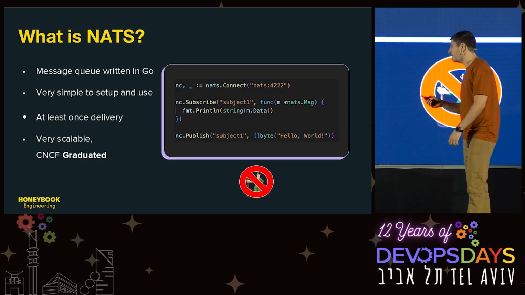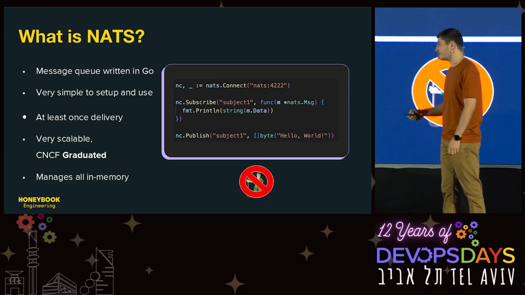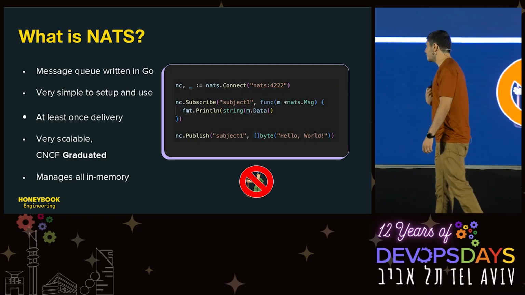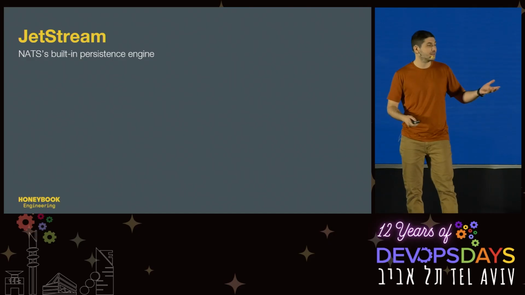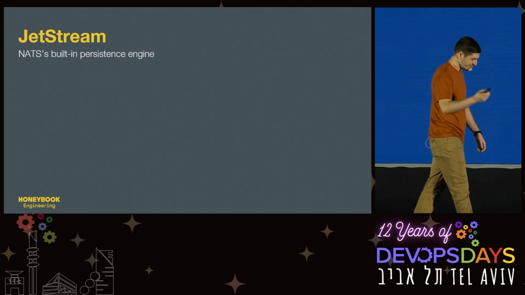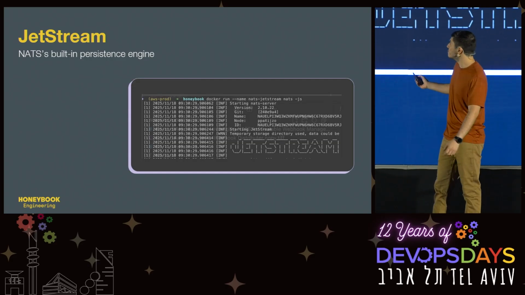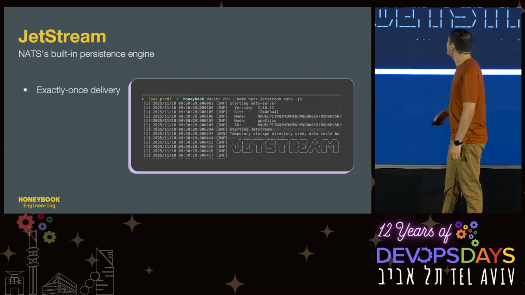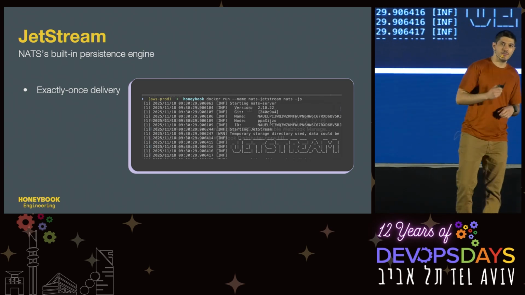But it does manage everything in memory, which means if it falls, we will lose the webhooks. To solve this, luckily for us, we have Jetstream, which is the built-in persistent engine for NATS. You just run NATS with -js, and you have Jetstream. You add a volume, and you have persistency. It also gives us exactly one delivery, because now we have ACK on every message.